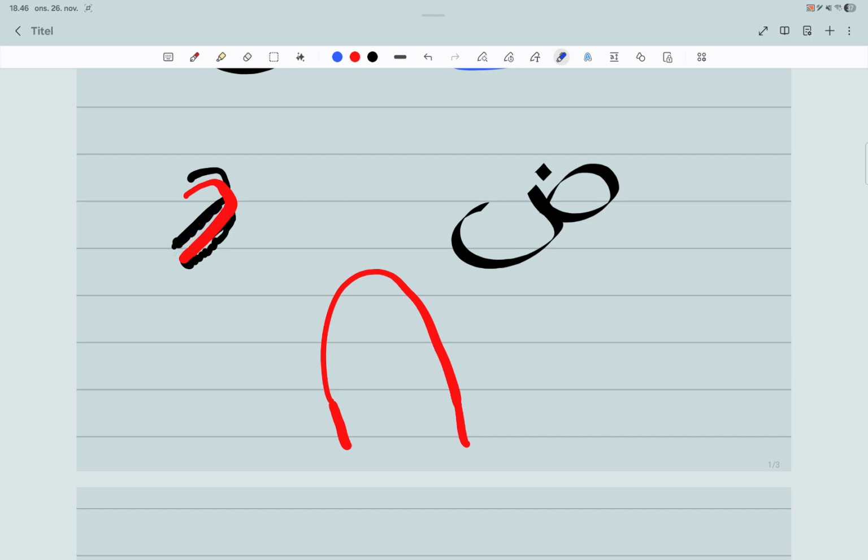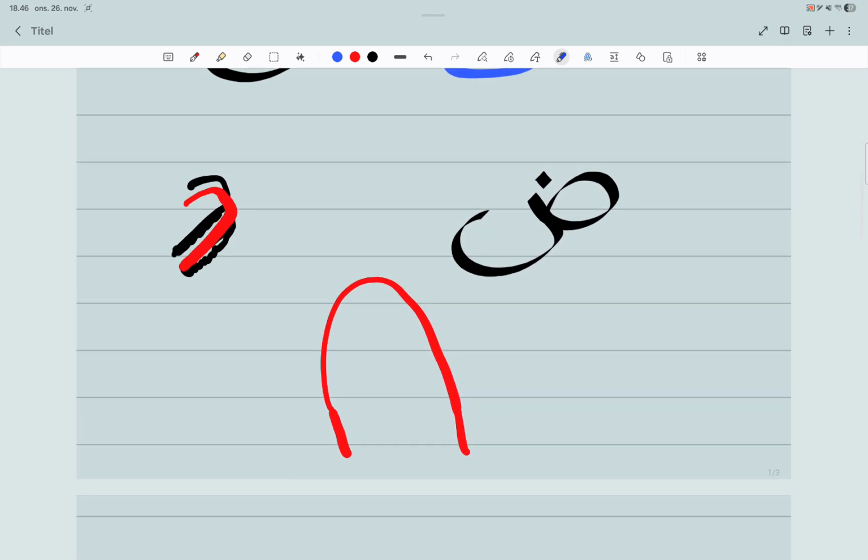This is the starting point of this letter. So you begin by placing the side of your tongue like that, and you say ضاد, and you make your mouth round and big. And we practice it now. ضاد, ضاد.